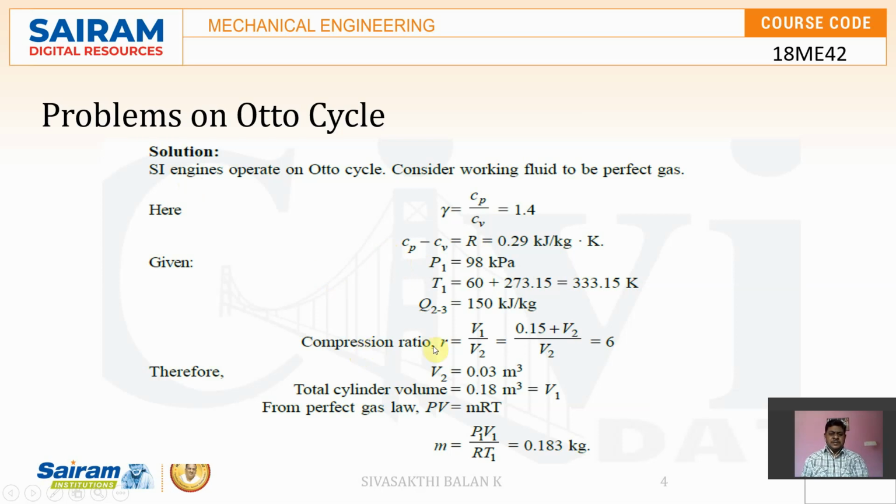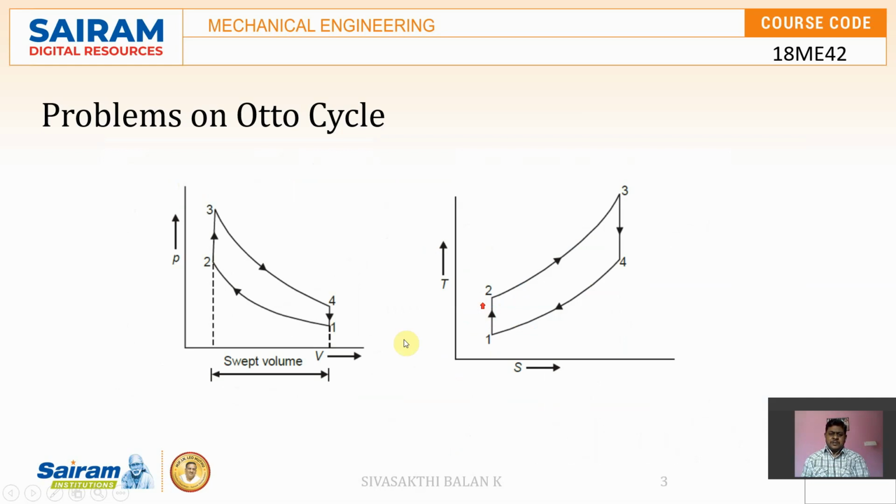The compression ratio is given as 6. We know that V1 by V2 is the compression ratio, and V1 is the total volume of the cylinder, from here to here.